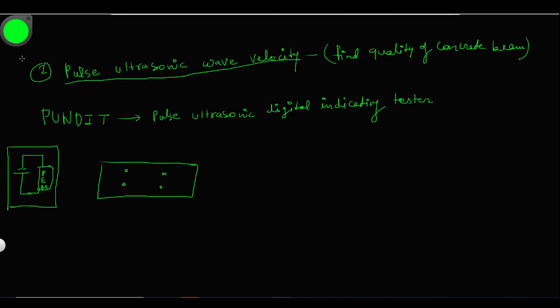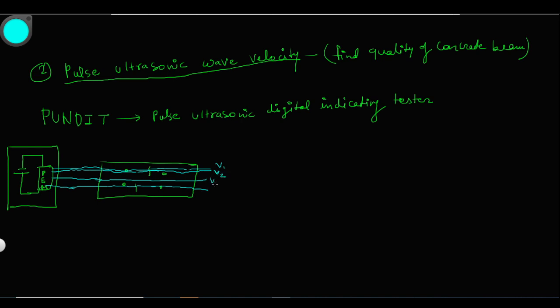From this piezoelectric material an ultrasonic wave will be generated like this, and due to these defects this ultrasonic wave will reach somewhat late to the other side of the metal. Due to these defects the ultrasonic waves will also come with different velocities.